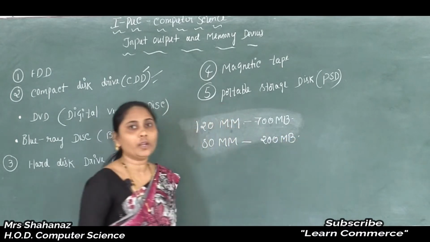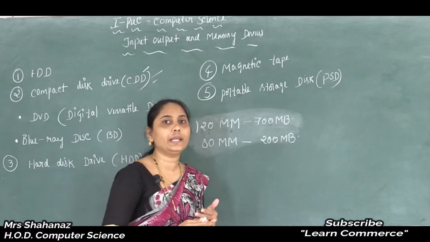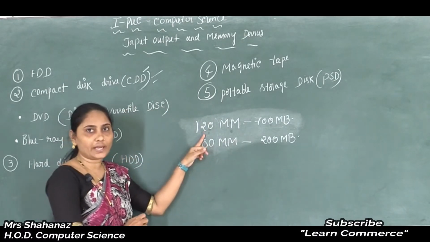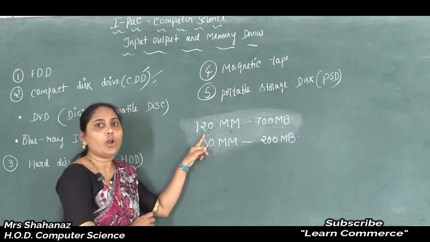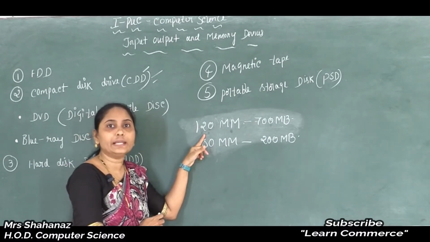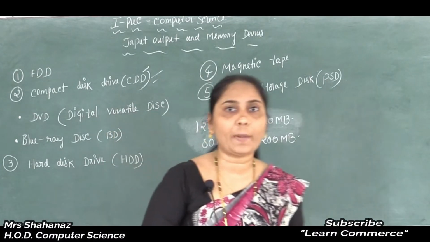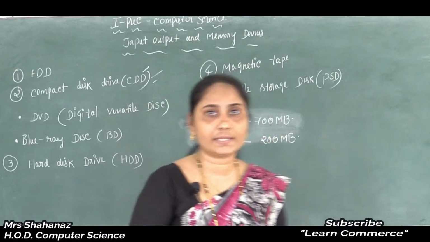So when you compare FDD and CDD, we can store more information by using our CDD. Okay, this is about the storage capacity of the CDD.